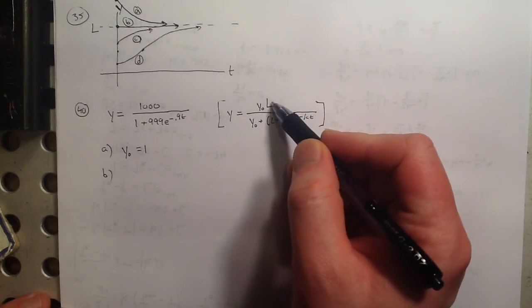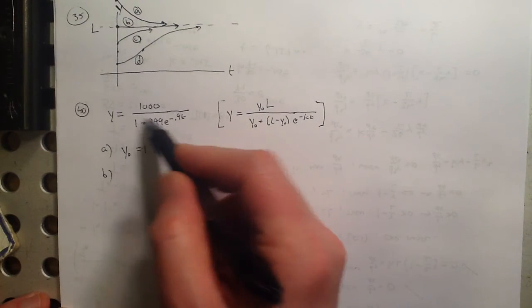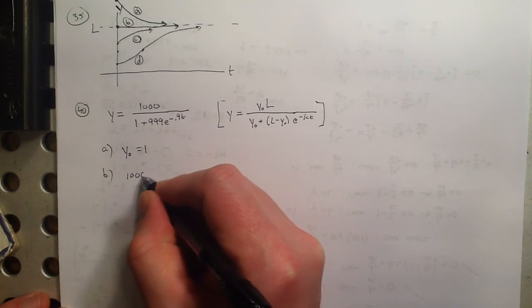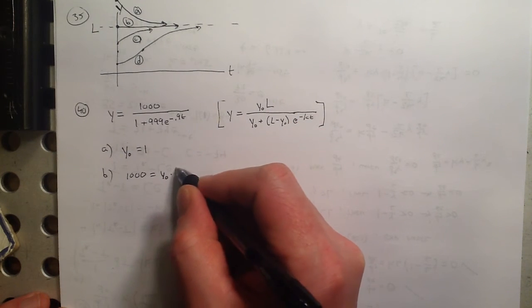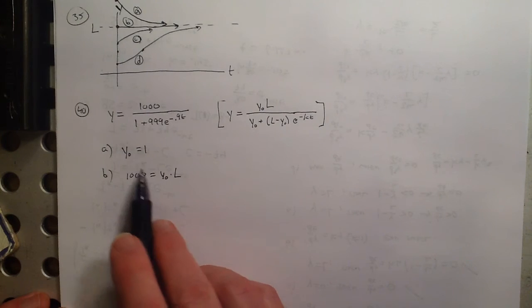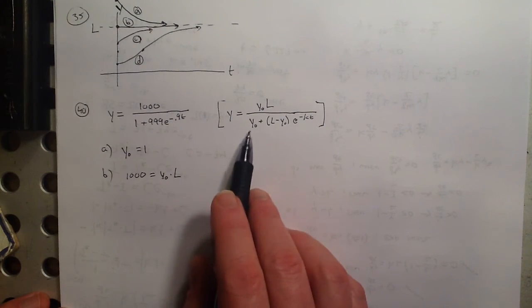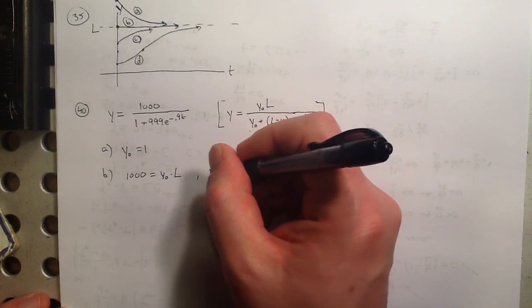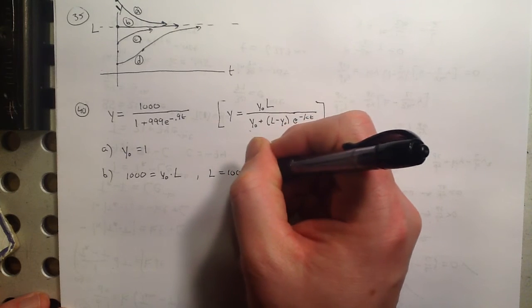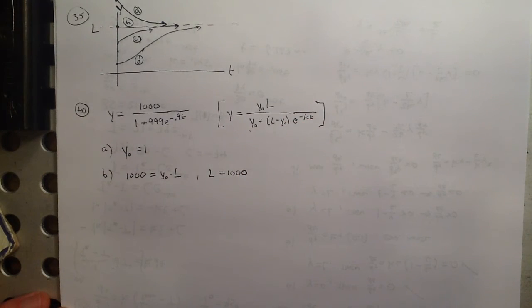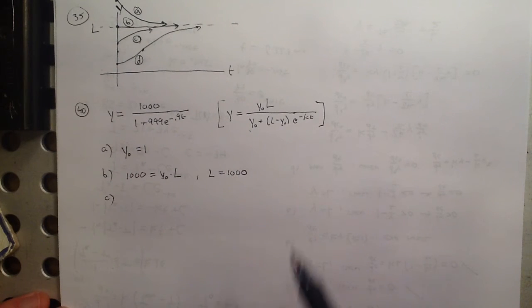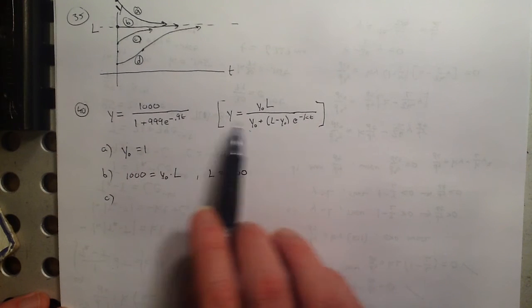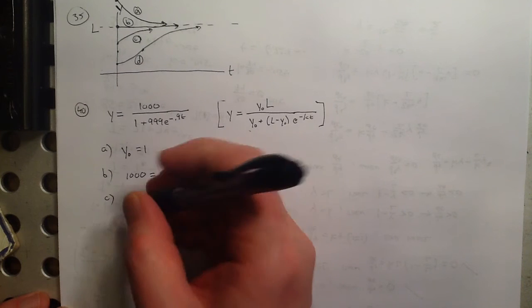Well, on the top, whatever number shows up here, 1,000, that's equal to y sub 0 times the carrying capacity. But y sub 0 is 1, we already figured that out, right? So that means the carrying capacity is 1,000. Part C, what's the constant k? Well, there it is, right? k is equal to 0.9.